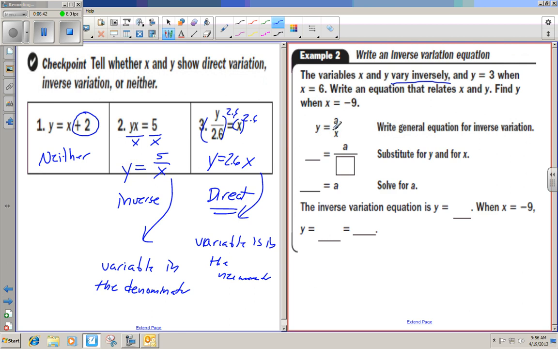So the constant of variation is equal to x times y. So here, x is 6, y is 3. Therefore, the constant of variation is 6 times 3, or 18.